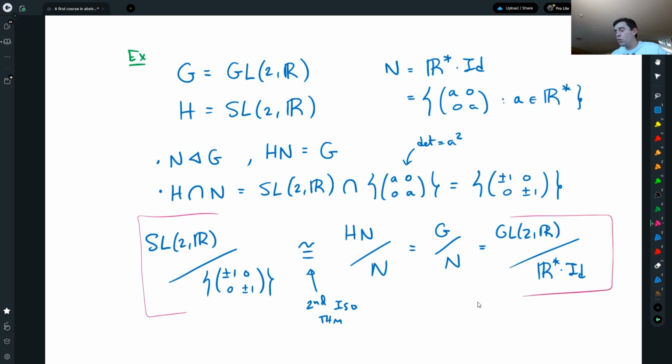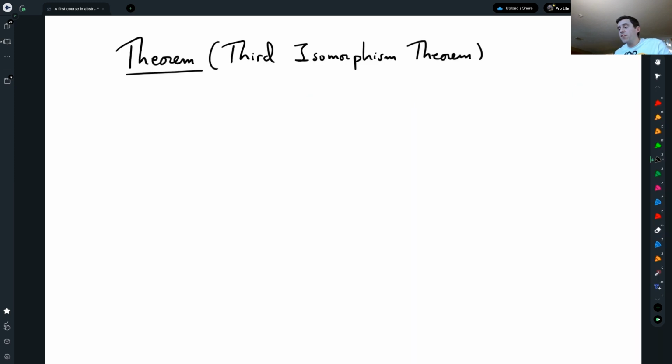Okay. So now let's look at the third isomorphism theorem. The third isomorphism theorem is also a theorem about quotients. So really these theorems should be called the quotient theorems. But in any case, this is what it says.